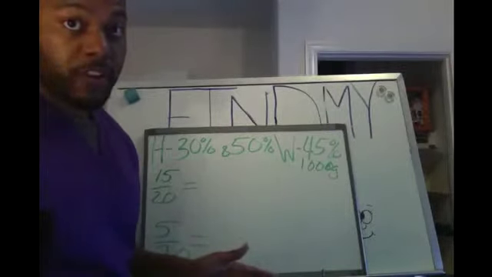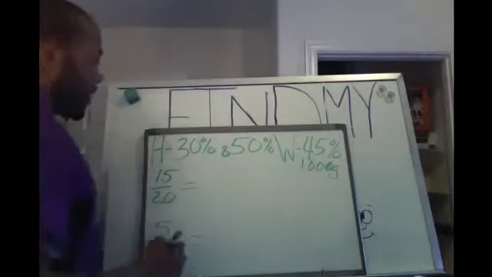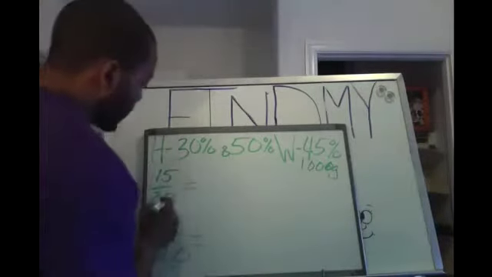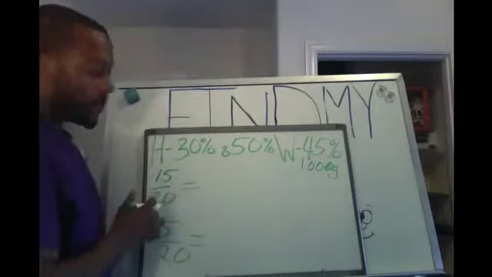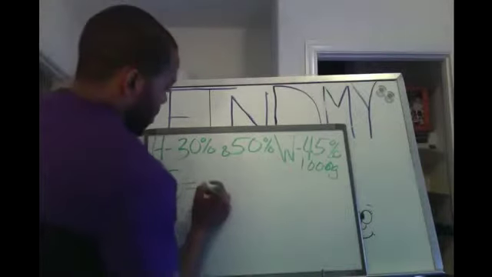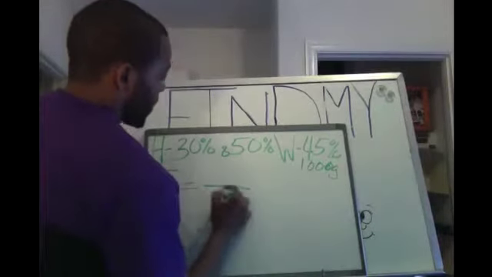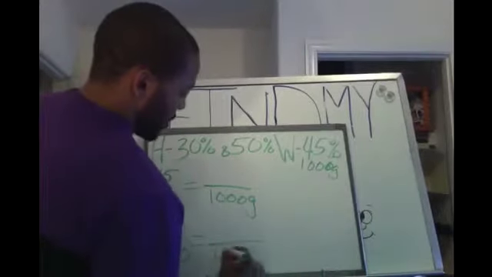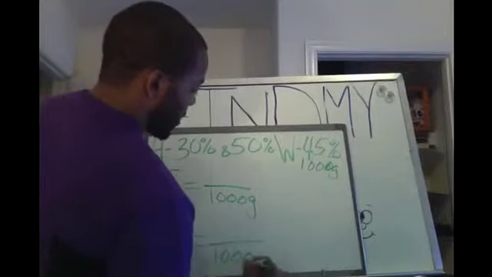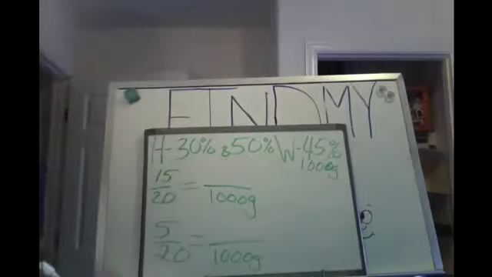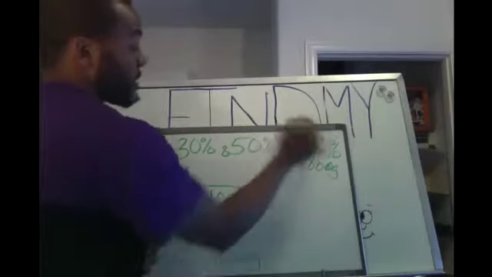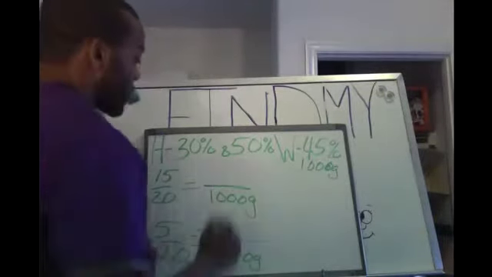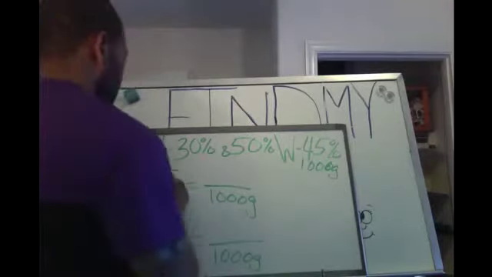Once again, I moved everything around and cleared it up. Now, the total number of parts in your denominator portion would match up to how many actual grams that you want total in the end. So they said they want 1,000 grams of the 45%, so put that on the bottom.